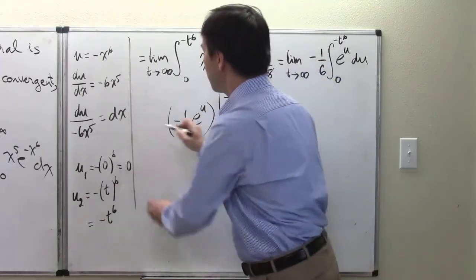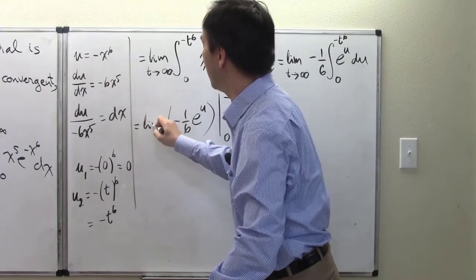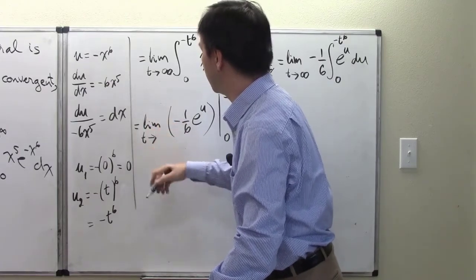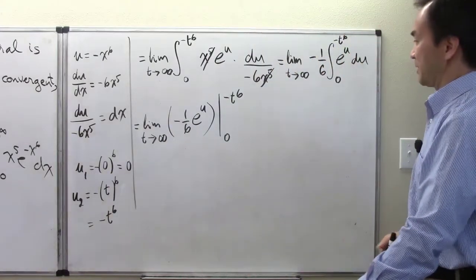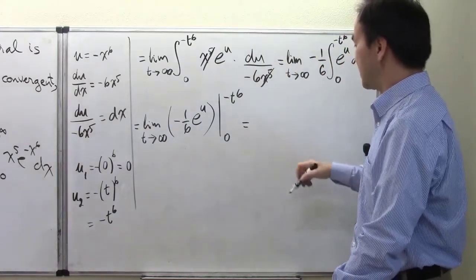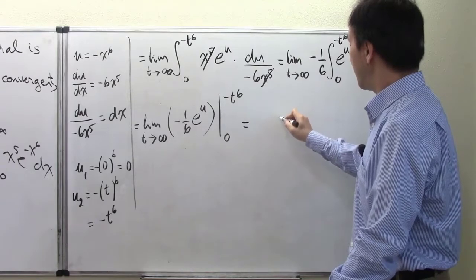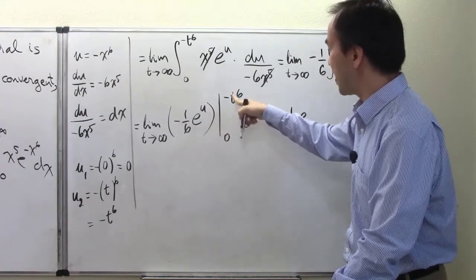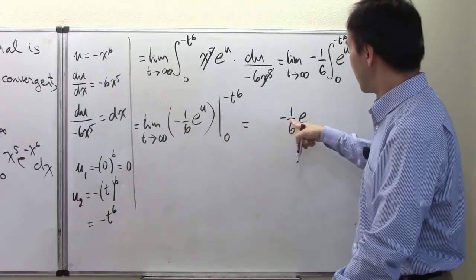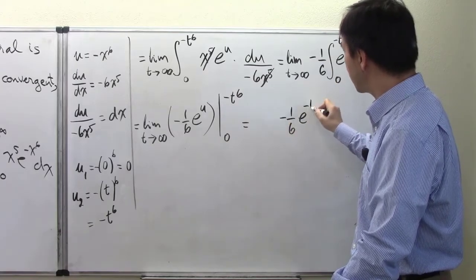And yes, this problem in the end will become a limit problem by taking t to positive infinity. So minus 1/6 e to the, now u gets substituted by minus t to the 6th, so it becomes minus 1/6 e to the minus t to the 6th.